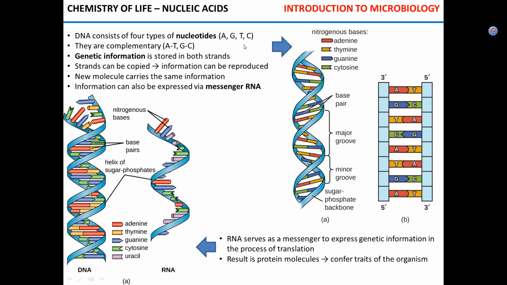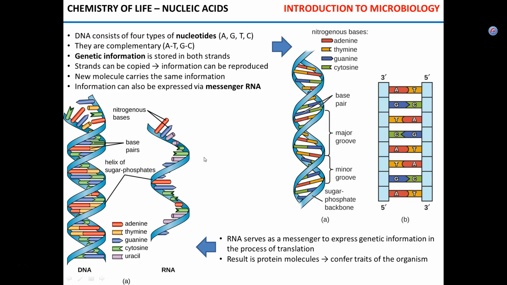So it's a profound property. Now, this information in DNA not only can be stored and transmitted, it also can be expressed. For this we use messenger RNA. RNA is a single-stranded molecule, but it can fold.